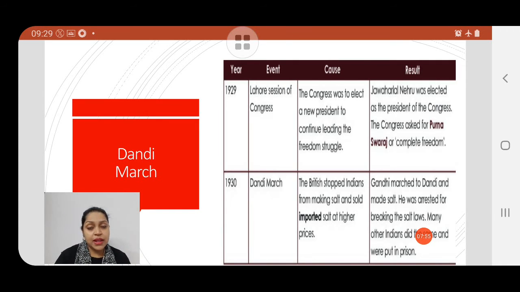He was arrested for breaking the laws. For breaking what? For breaking the salt laws. Not just any law, but by making salt, because the British had banned Indians from making salt. So many other Indians along with Gandhi were put in prison.